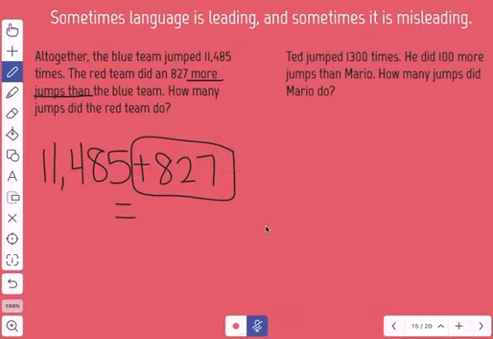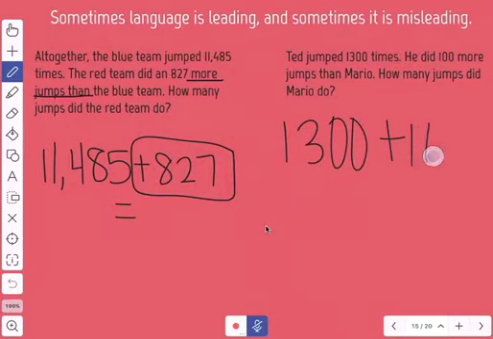Whereas in this other problem, you have misleading information. Ted jumped 1,300 times. He did 100 more jumps than Mario. How many jumps did Mario do? Now, if that were leading information, it would just be simply 1,300 plus 100. But that's not how you would figure out what Mario did.